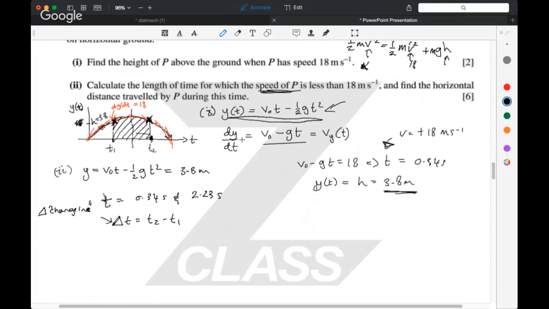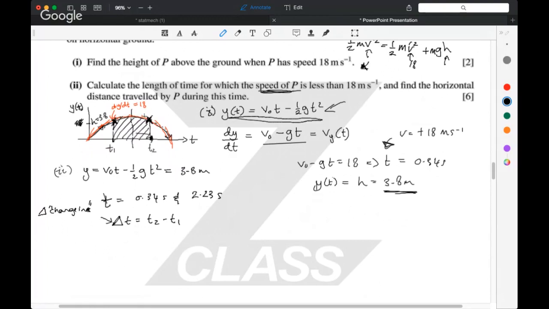Okay, so let's review. We've got this height, this 3.8. Now we want the length of time for which it spends above that height. Because if we look at the parabola, we see that at that time the gradient is a certain value. It only gets shallower from there. Then its absolute value increases, by which I mean it gets more and more negative, steeper.